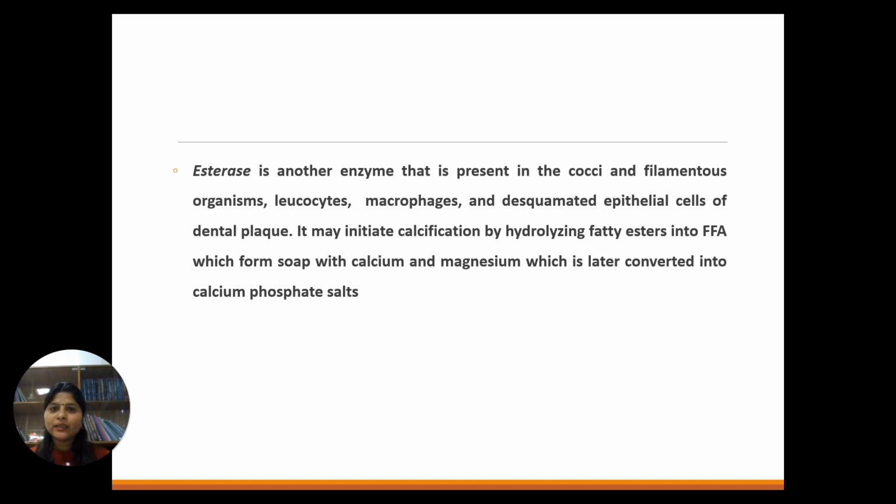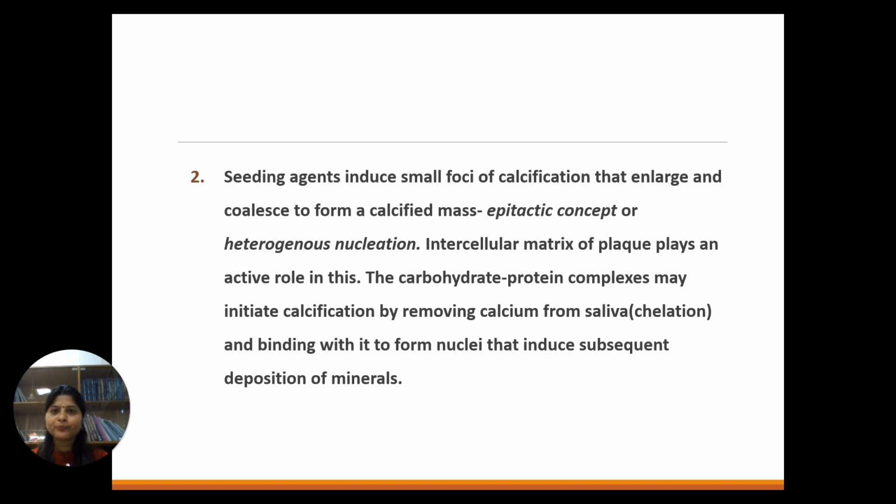Then bacteria such as cocci and filamentous organisms release an enzyme called esterase. Esterase initiates calcification by hydrolyzing fatty esters into free fatty acids, which form soaps with calcium and magnesium, which are converted into calcium phosphate salts.